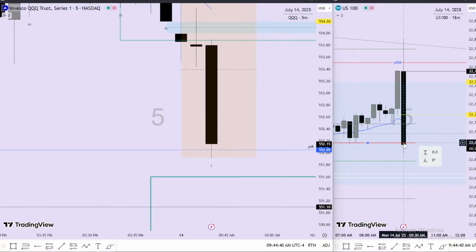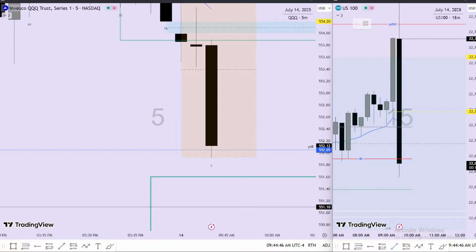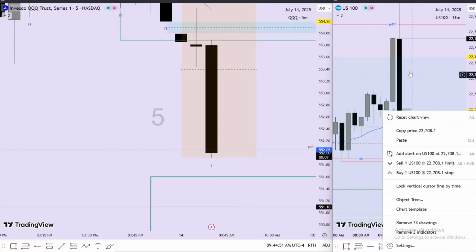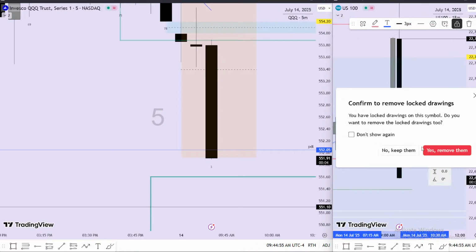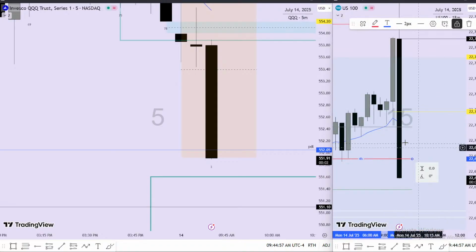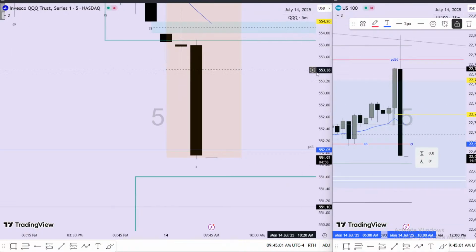The price should stay below this box. If we get a closing below this, then it's good enough for me. Or you can use this point also, 688. Still, it's the same thing.